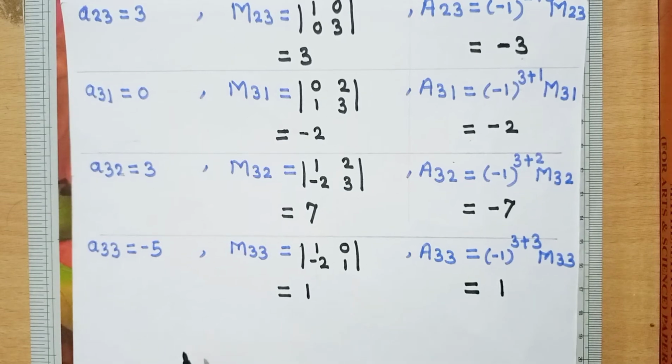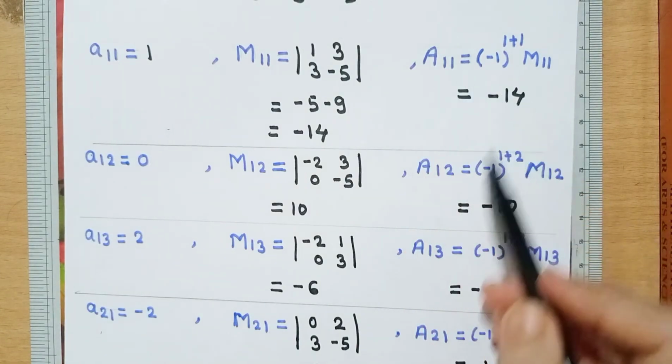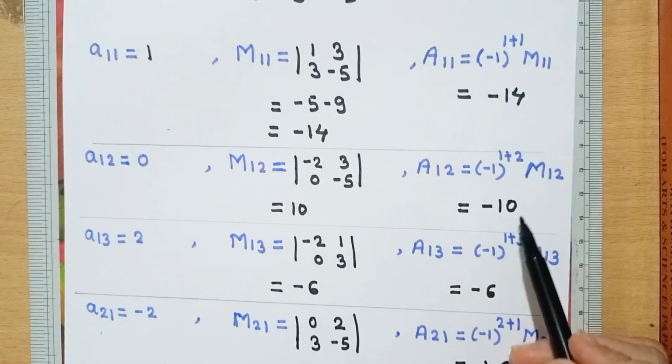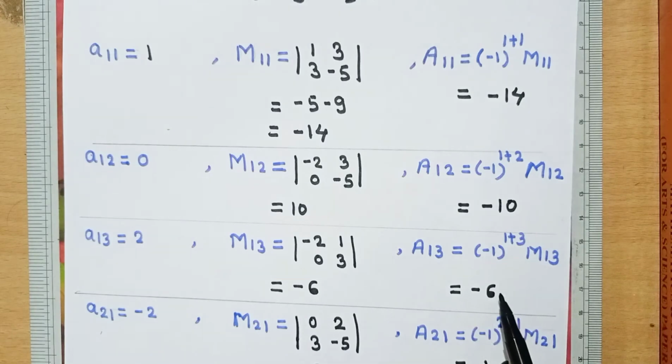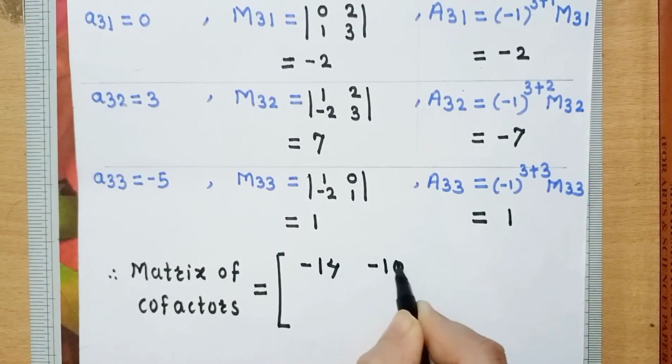Now we will write the matrix of cofactors. A11 is minus 14, A12 is minus 10, and minus 6. We will write these three numbers in the first row: minus 14, minus 10, minus 6.